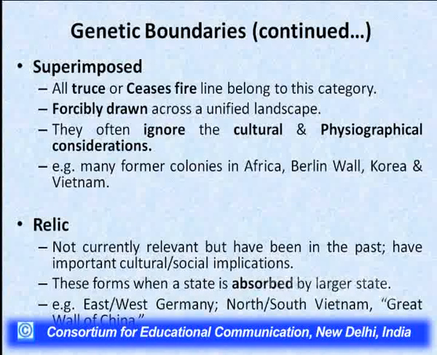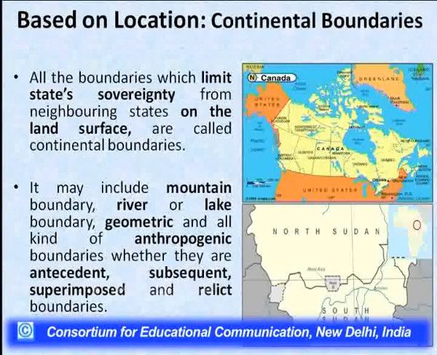Relic boundaries are generally formed when a smaller state is absorbed by a newer, larger state. Examples are the boundaries between East and West Germany, North and South Vietnam, and the Great Wall of China, which is not so important in terms of boundary. And the last classification is based on the locations.